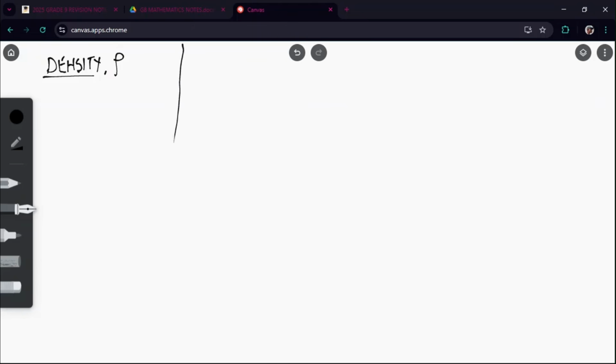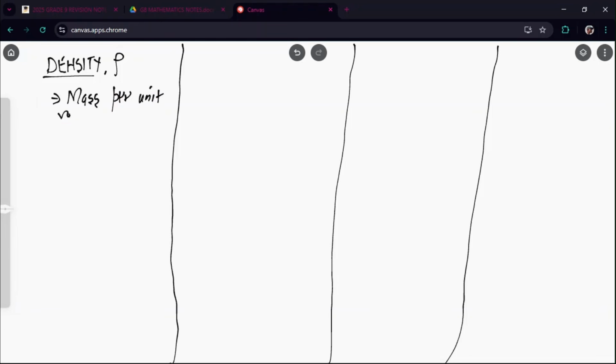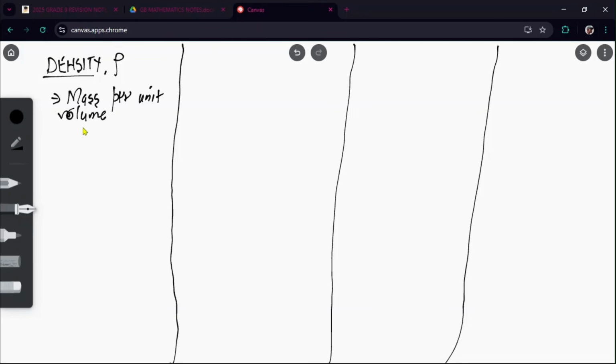Let me divide my space. I want to maximize the space that I have here. Okay, density. If I define what is density, density is just mass per unit volume. Density is mass per unit volume.